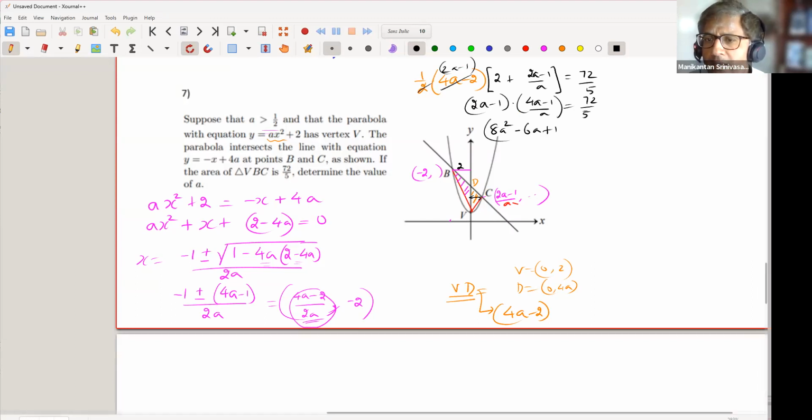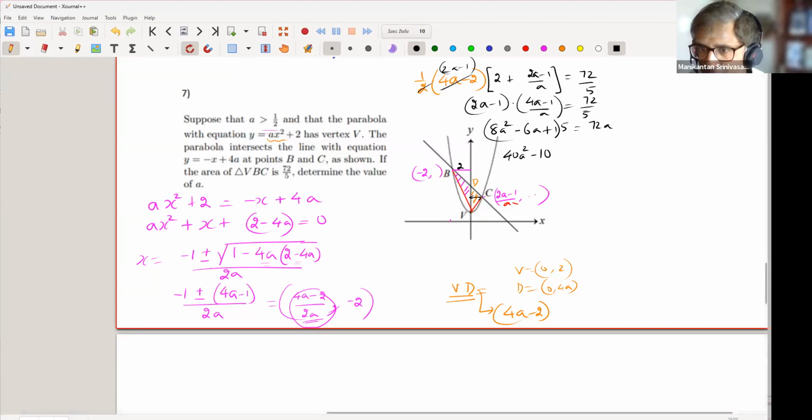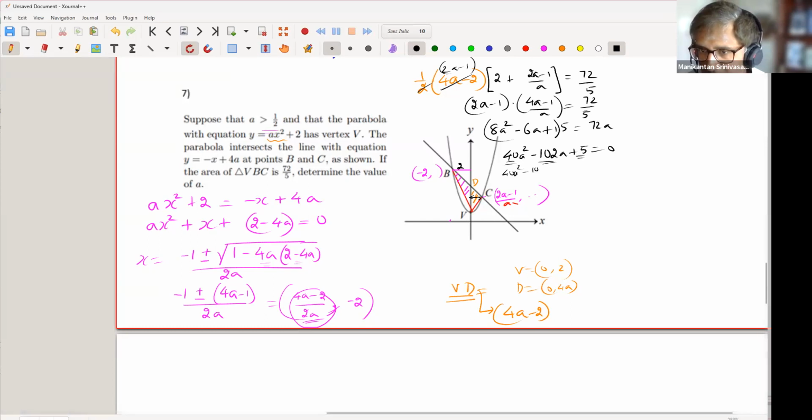So which is 40a square minus 30a minus 72a, which is minus 102a, plus 5 equal to 0. So 40 times 5 is 200. You can easily guess it's 102, right? So 40a square minus 100a minus 2a plus 5 equal to 0.